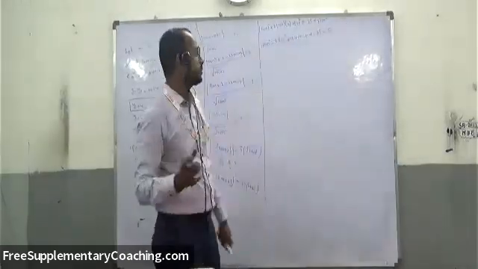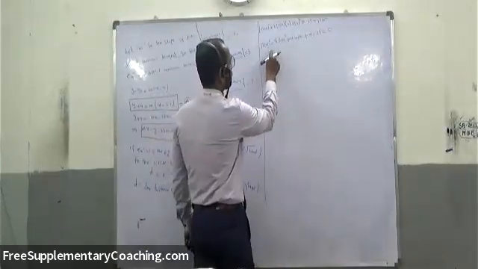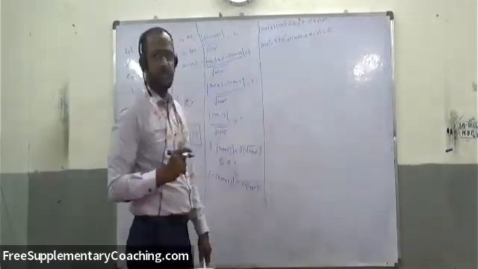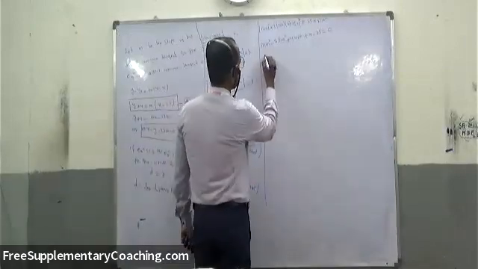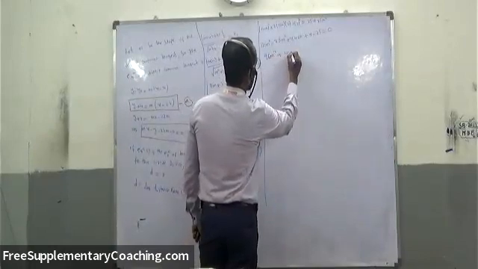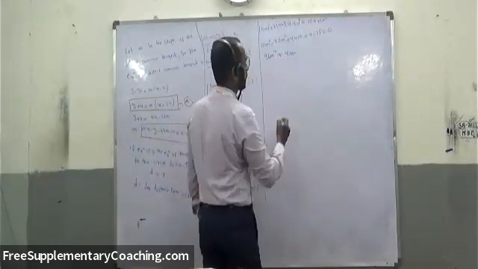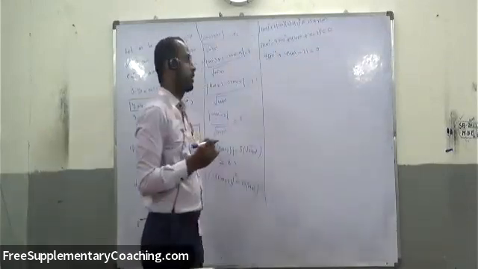So what can we simplify here? 121 m square minus 25 m square is how much? Anyone? 96 m square plus 44 m minus 21 is equal to 0.